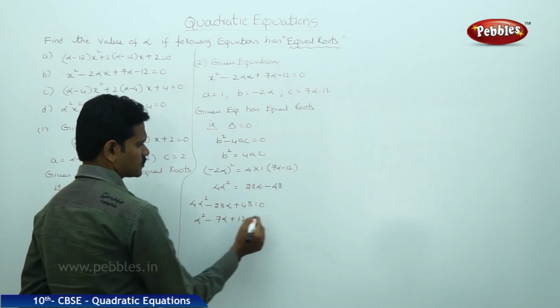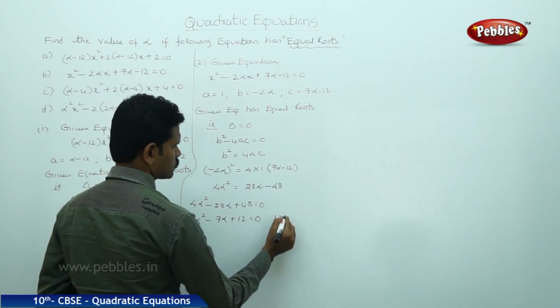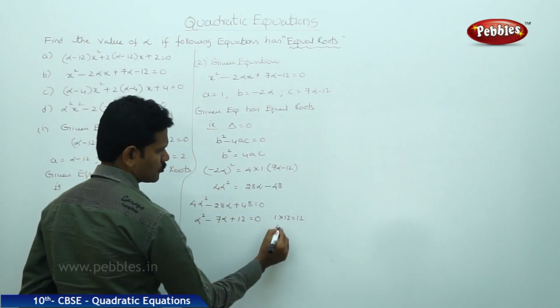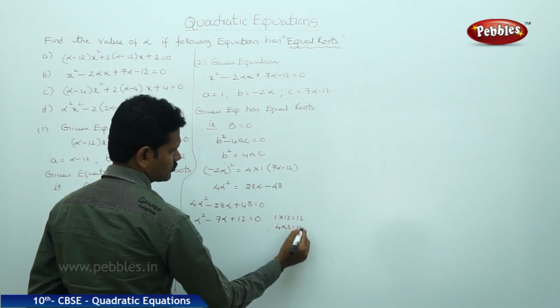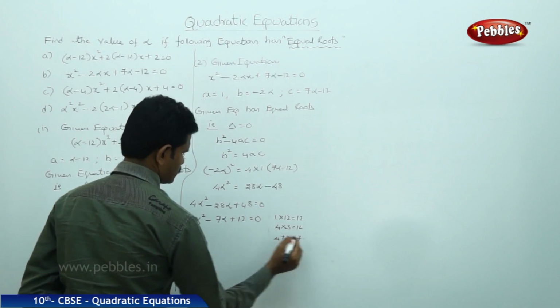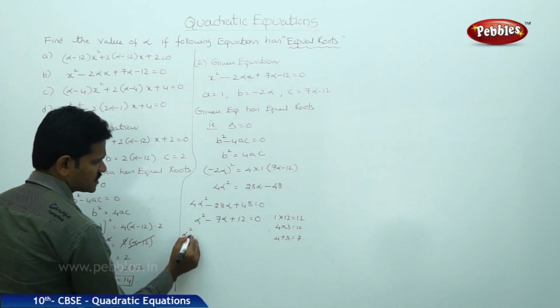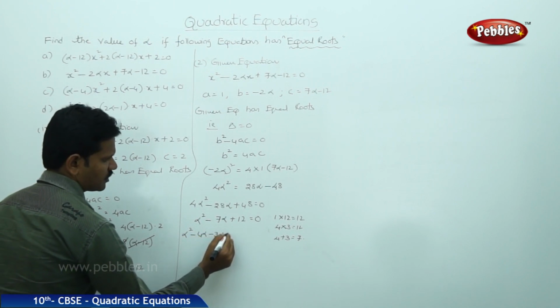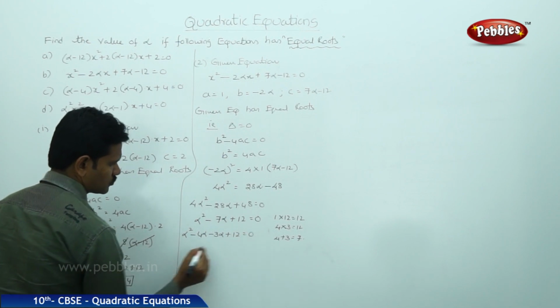Now, you have to find out the factors for 12. 1 into 12 is equal to 12. Addition will give you 7. 4 threes are 12, 4 plus 3 is equal to 7. That is alpha square - 4 alpha - 3 alpha + 12 = 0.